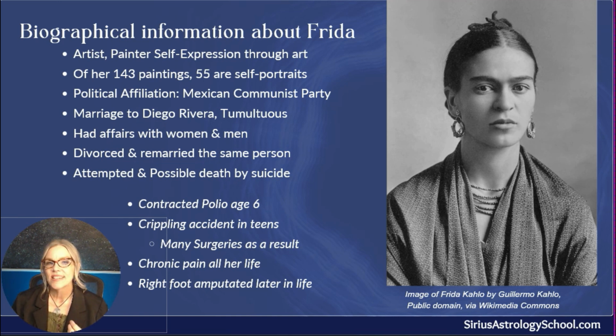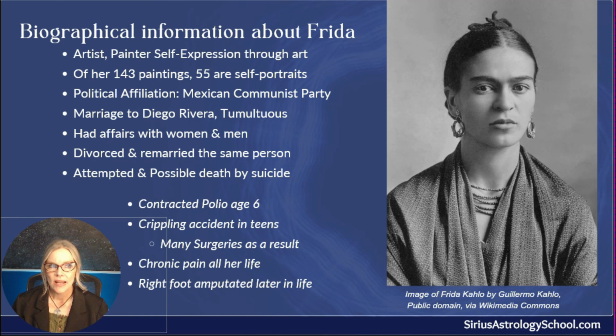When Frida was 6 years old, she contracted polio, so she was left disabled. She had a limp, but she never let that stop her. She was still pursuing life wonderfully. She was still active and trying to do things. The unfortunate thing that happened to her in her late teens is she was in a very bad accident. A trolley car hit the bus that she was in.